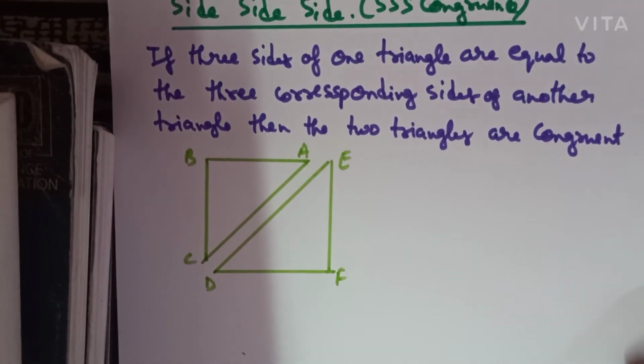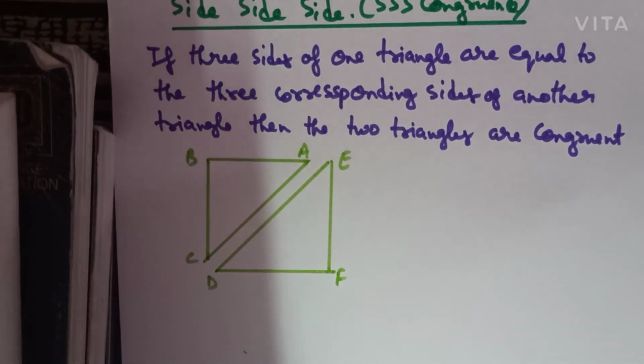The fourth property is side side side congruence. Very simple property. It states that if the three sides of one triangle are equal to the three corresponding sides of the other triangle, then the two triangles will be congruent with each other.